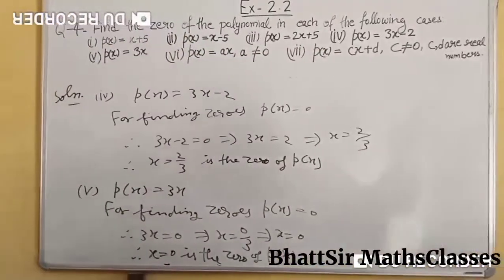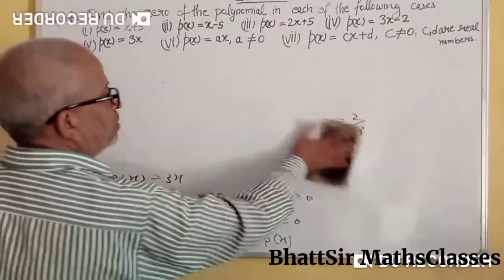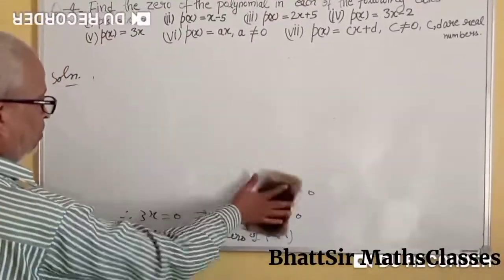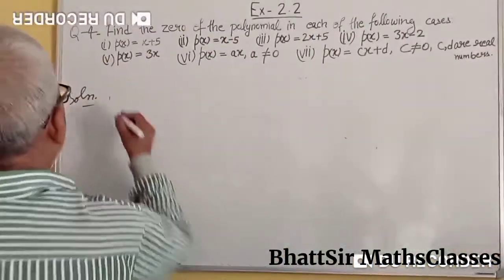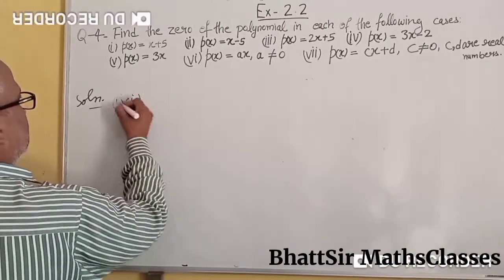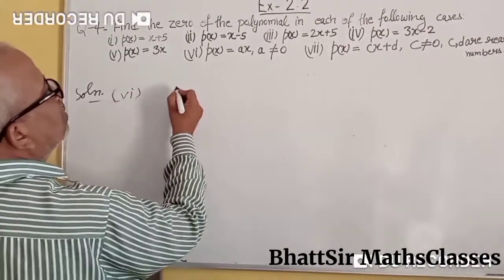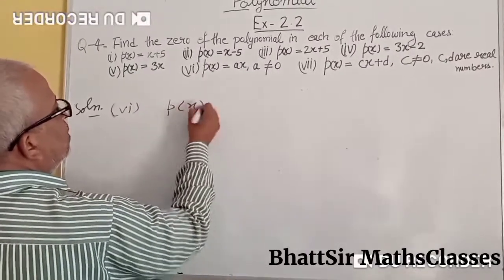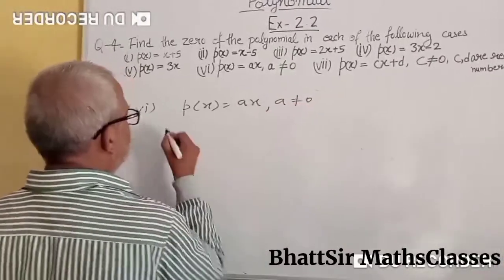Now I am attending the sixth part. Sixth part. P(x) equal to ax, where a is not equal to 0.